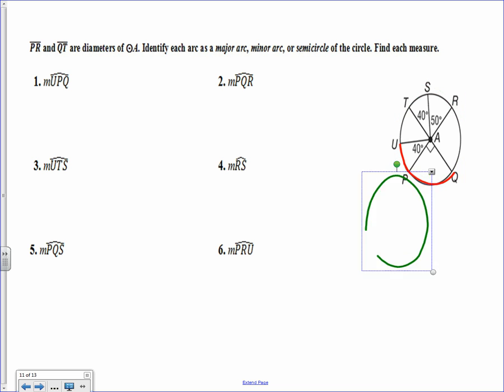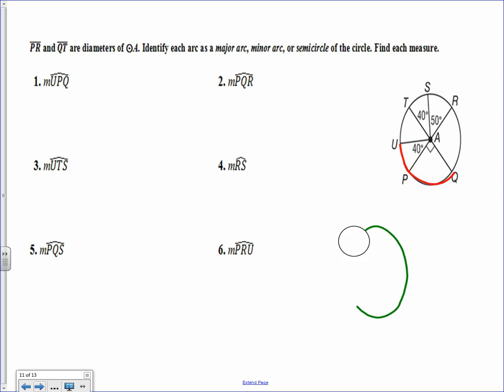Which is a different arc. So we want this one. And we have our right angle here. Since the central angle here is 40, that arc is 40. That arc is 90. So the arc measure is 130. And that is a minor arc, right? Again, minor goes until 180.